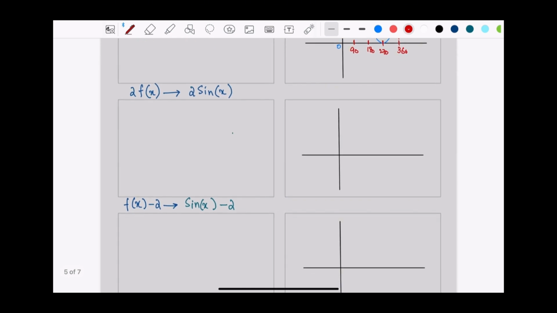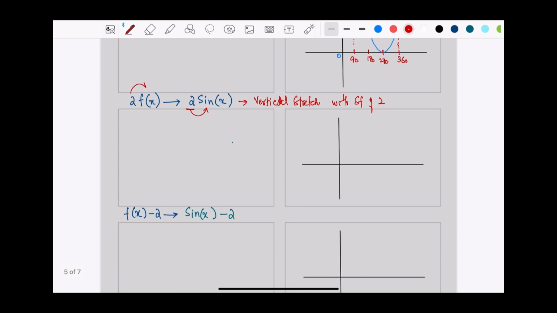Now 2 times sine x. Now this here is a multiple, and according to the functions, 2 times f of x means that it is a vertical stretch with a scale factor of 2.